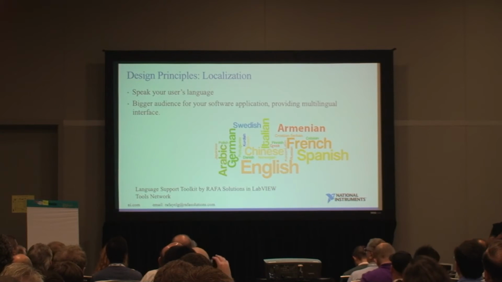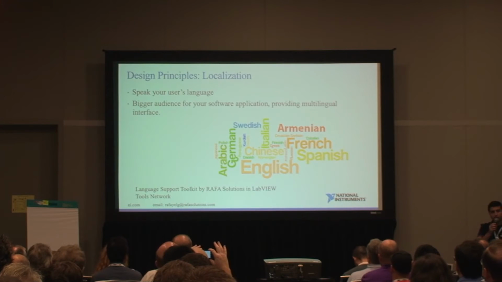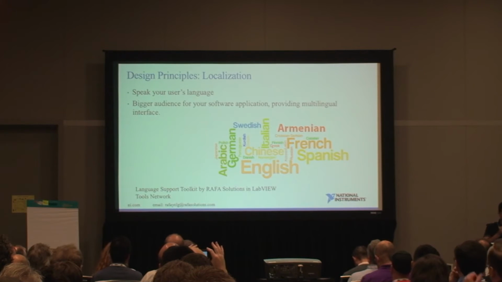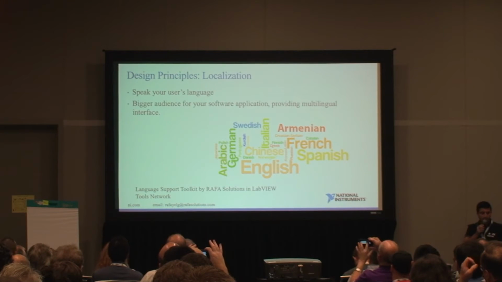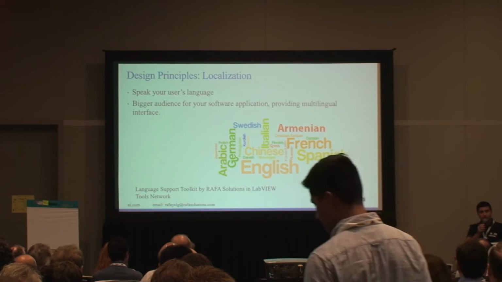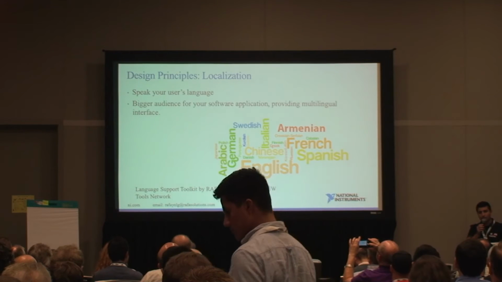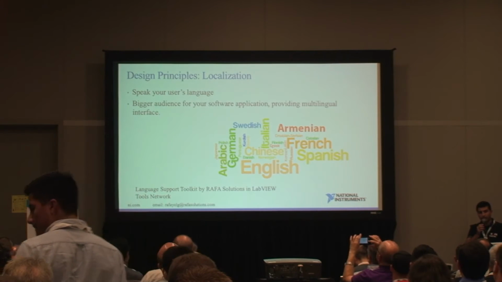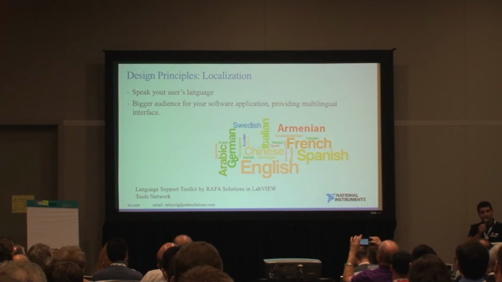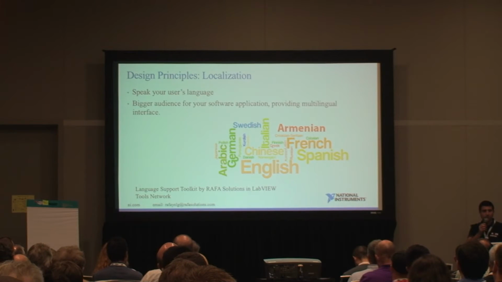So what we did, we are always trying to match the language that our customers are speaking. And how it makes our life easy is that we developed our own language support toolkit for LabVIEW. Basically, when you use this toolkit during the development, later on, every time to add a new language is just translation.